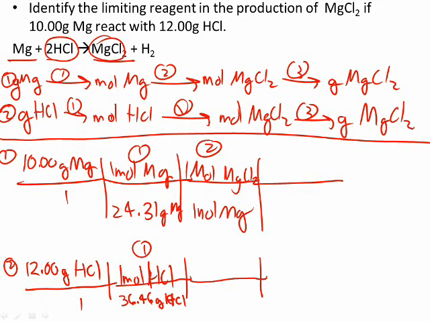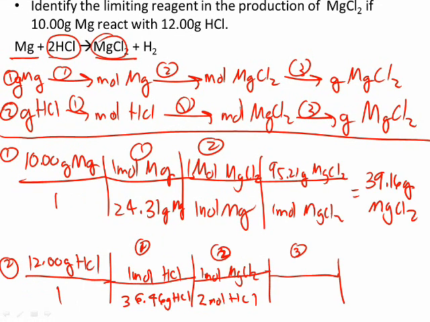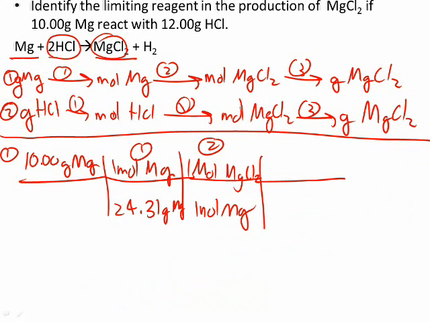Mole ratio, we have 2 mole of HCl per 1 mole of MgCl2. Okay, then we do 1 mole of MgCl2 per, same thing, 95.21 grams MgCl2. And what do we get?